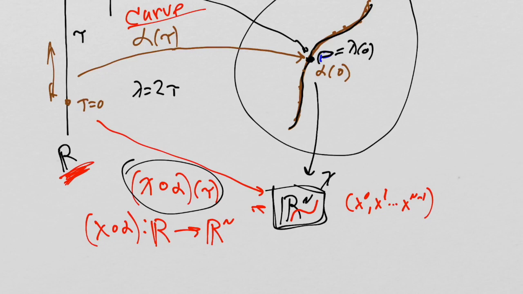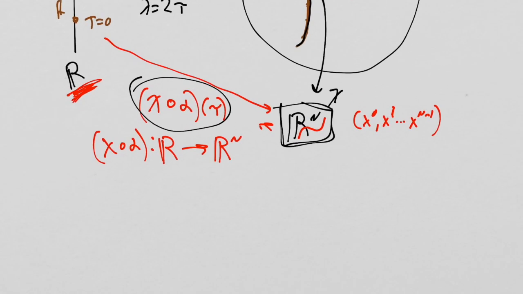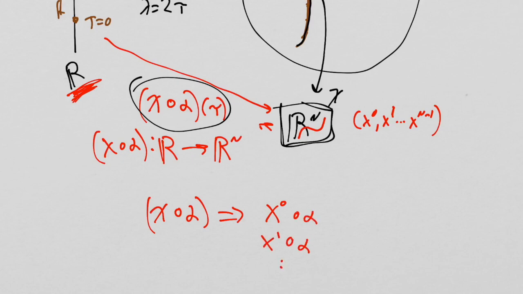Now, it turns out that when I write it down this way, that's a fair point to make. If I write x after alpha, we really need to remember that this is actually a combination of things. It's actually x0 after alpha, x1 after alpha, and so on, right?